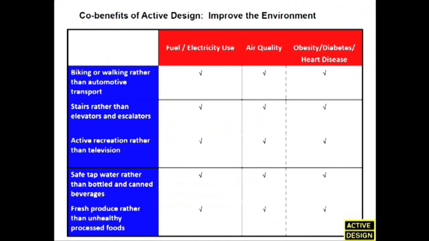Active recreation rather than television. You know, in New York State, televisions are very soon projected to overtake refrigerators as the main source of household appliance energy use. And so, if we can decrease television viewing by increasing people's recreation time, doing active things, going outdoors, you can actually assist with these electricity concerns as well.